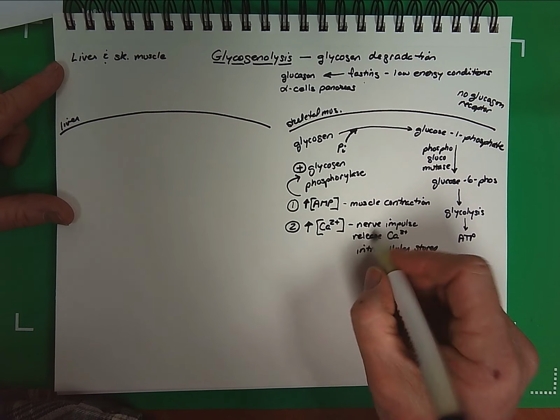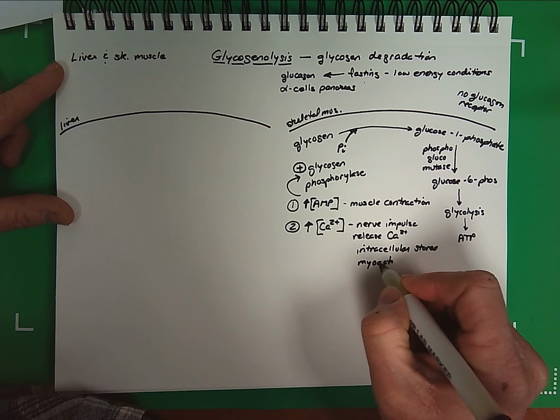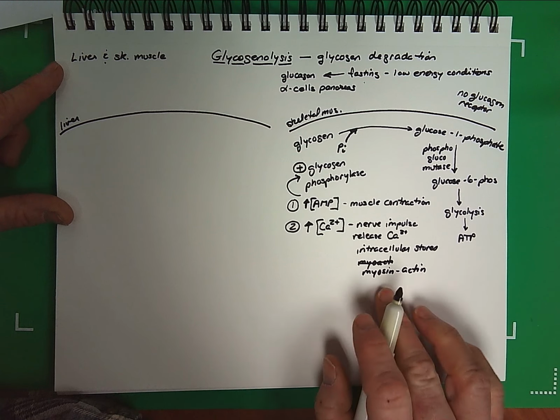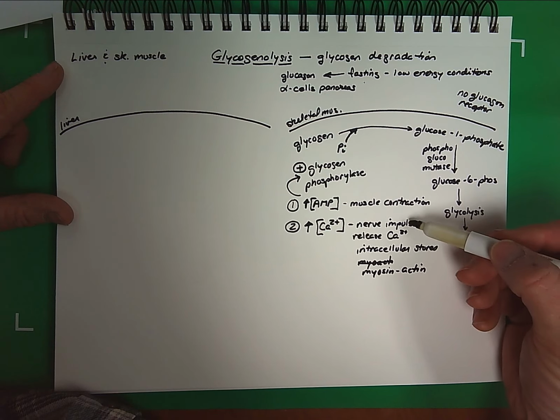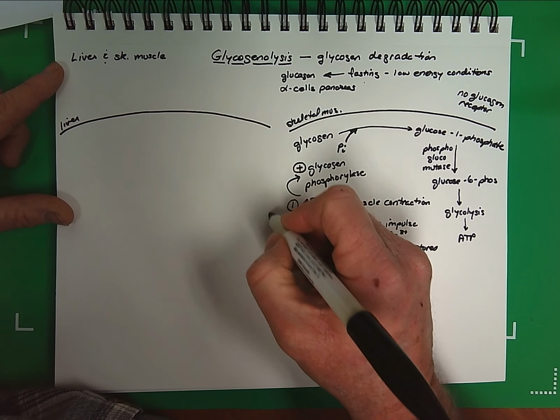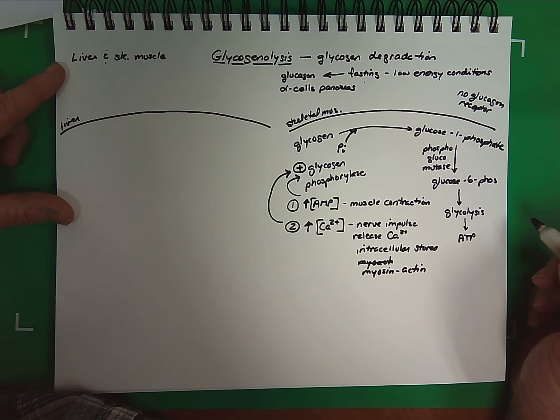This calcium is essential for myosin-actin interactions to initiate this process, and so the nerve impulse does this, but it also increases the calcium concentration that also acts as an allosteric activator of glycogen phosphorylase.